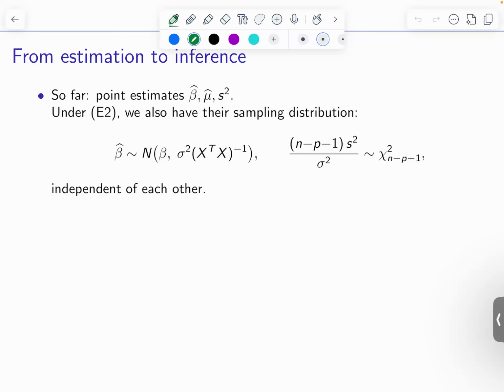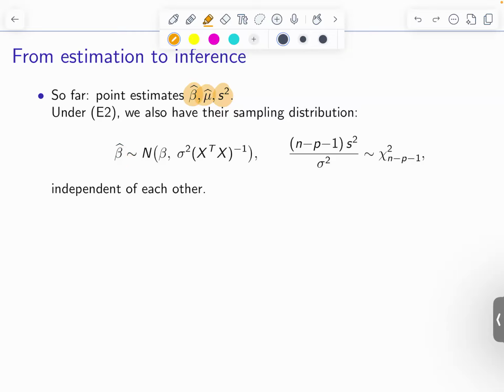But so far, we had point estimates of the parameters of interest, like beta hat, mu hat, and s squared. And under the normality assumption, the E2 assumption, we have a sampling distribution for beta hat, which turns out to be normal.